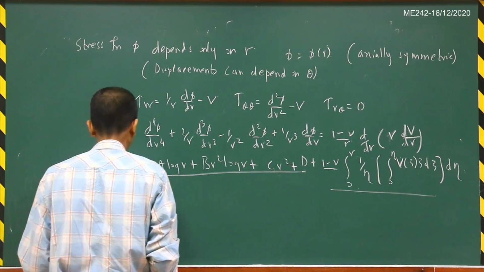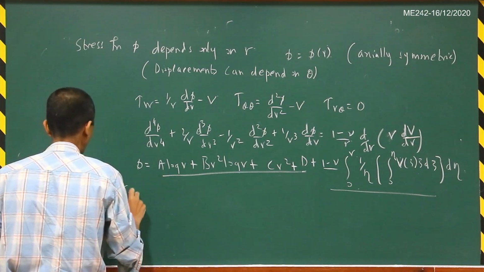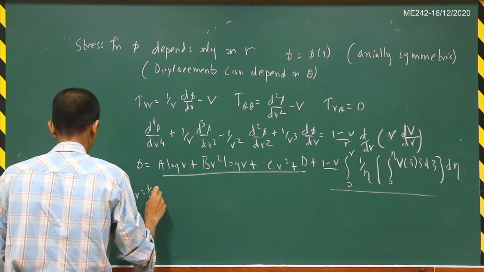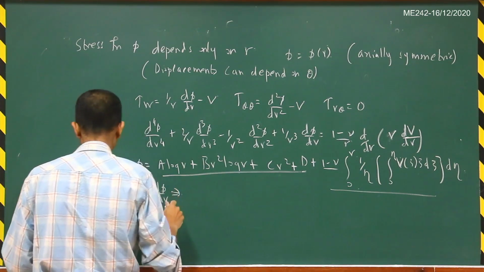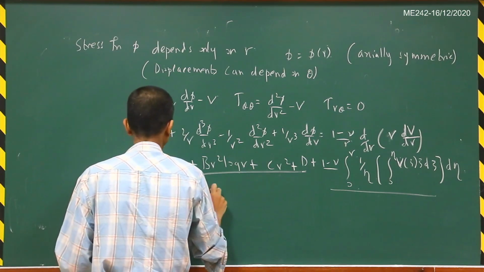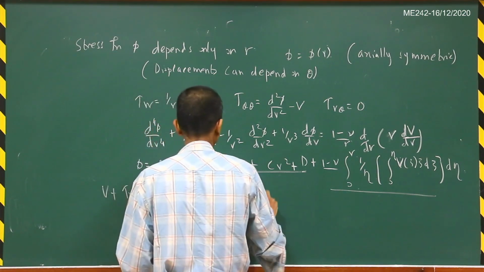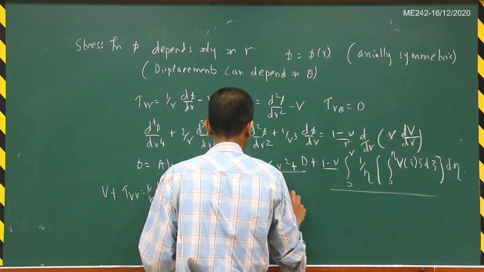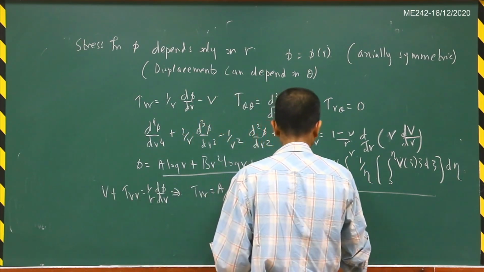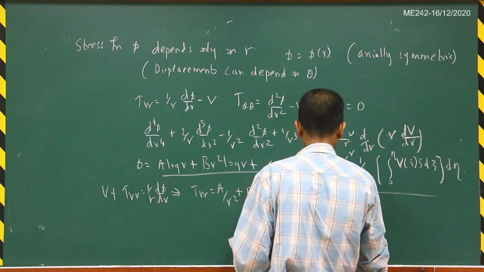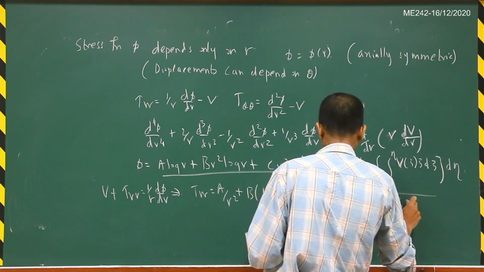So v plus tau rr is equal to 1 by r times d phi by dr. This gives that tau rr is equal to A by r square plus B times 1 plus 2 log r plus 2c plus 1 minus mu by r square times the integral from 0 to r of v of xi times d xi.